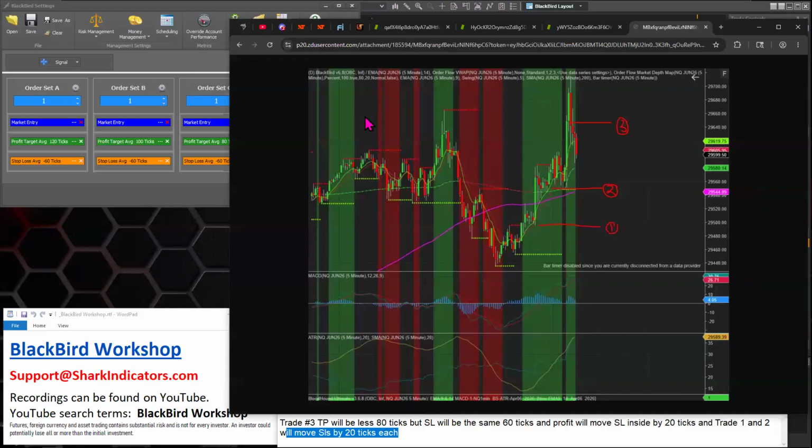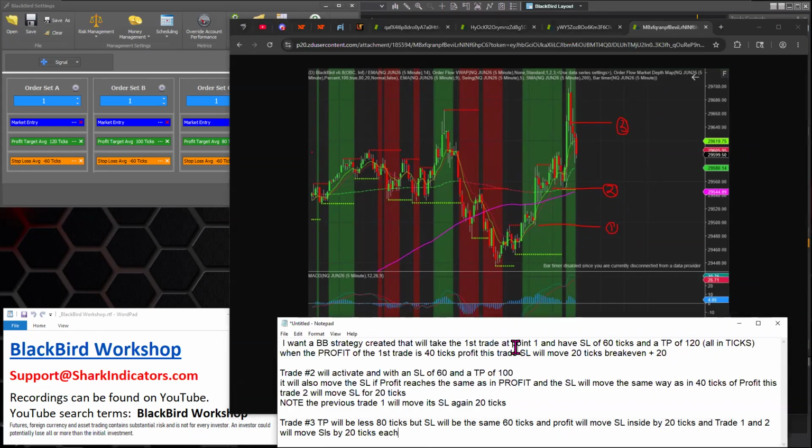So, all right, we can see on the screen we got 1, 2, and 3. And so we know the first trade's at 0.1. So I would be guessing that trade number 2 is at 0.2. Trade number 3 is at 0.3, even though it's not mentioned here.